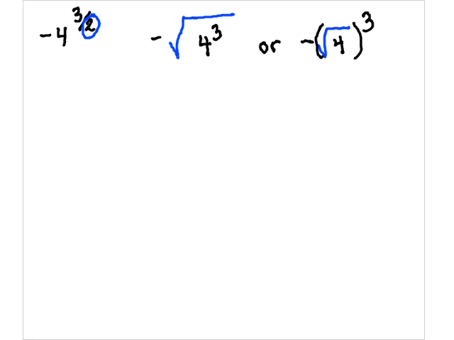See, the top number, this 3, is actually the exponent. The bottom number is your root. So you can put the exponent on the inside of the root or the outside. I like it on the outside of the root, and the reason for that is the square root of 4, we all know, is 2. And then I can raise it to the 3rd power, so that's going to end up being -8.